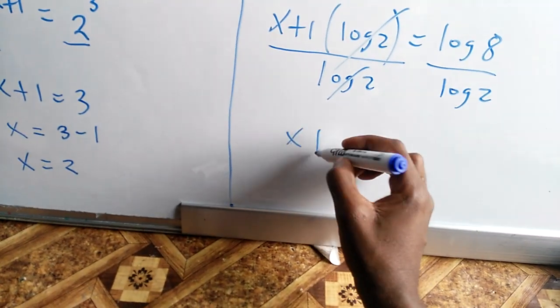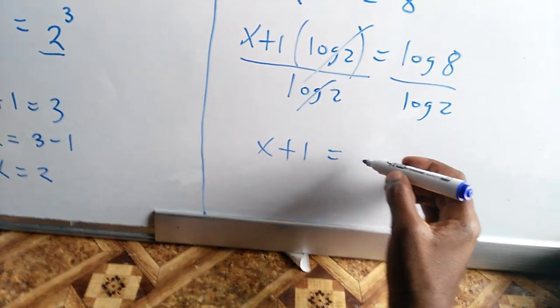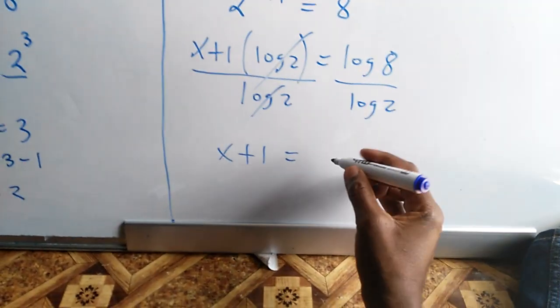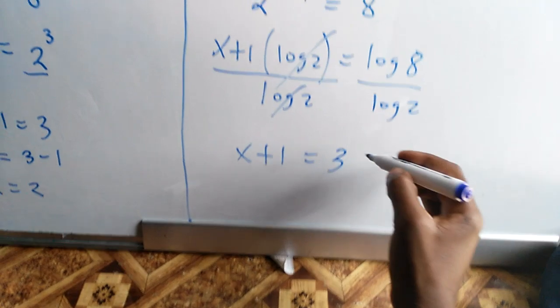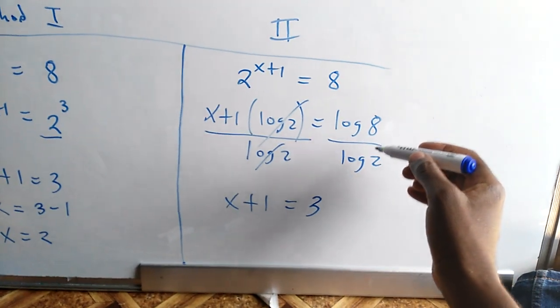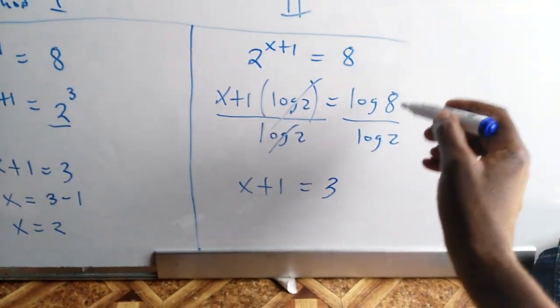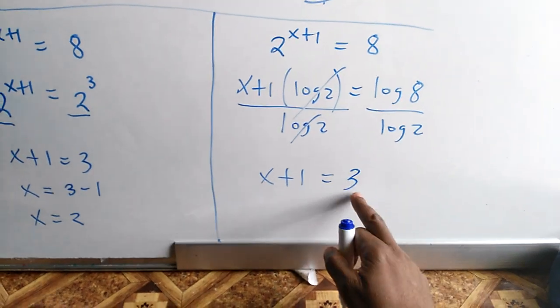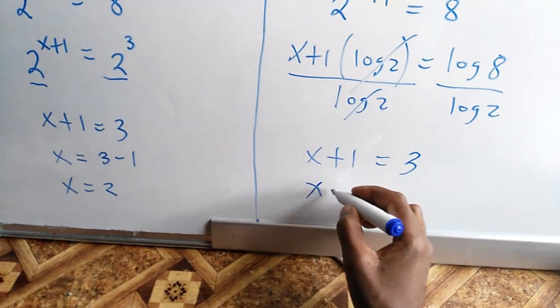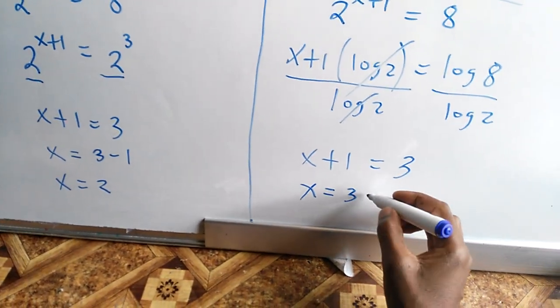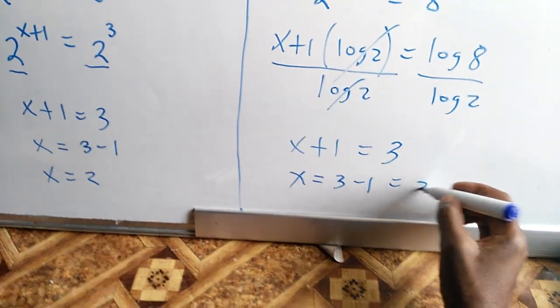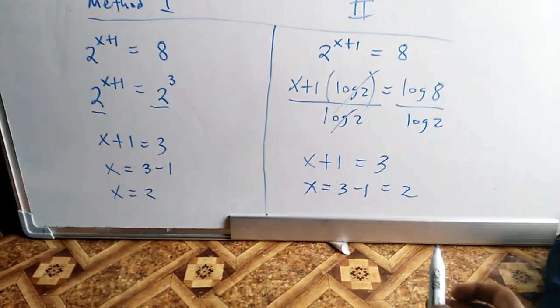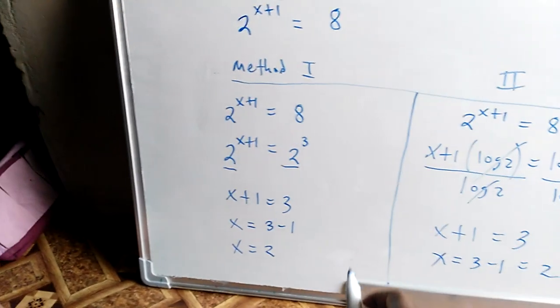Therefore, x plus 1 is equal to, when you divide log 8 by log 2, you get 3. And so you solve for x and say x is therefore equal to 3 take away 1, your x will equal 2. This is the same as this.